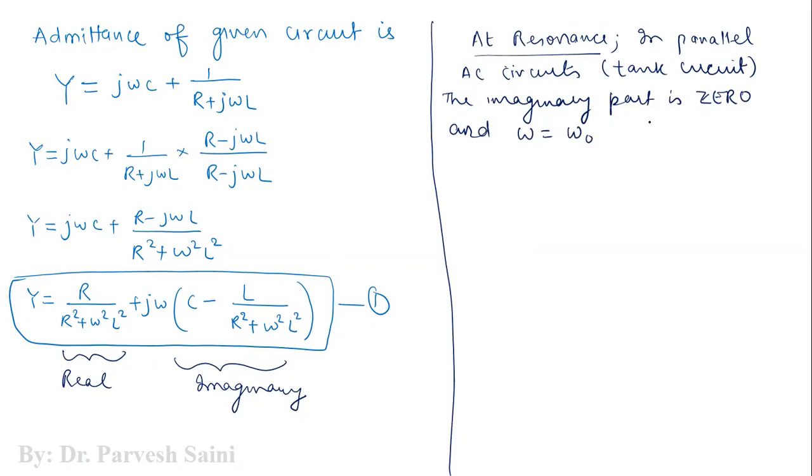So omega is measured in radians per second. Okay. So if we do it that way, we will put this as 0. So let us put it equal to 0 and see what happens.